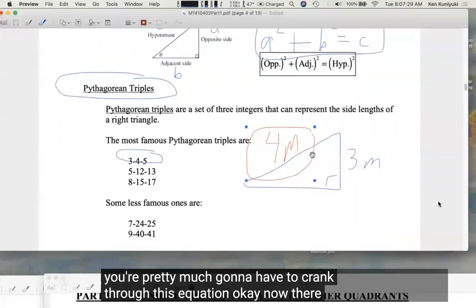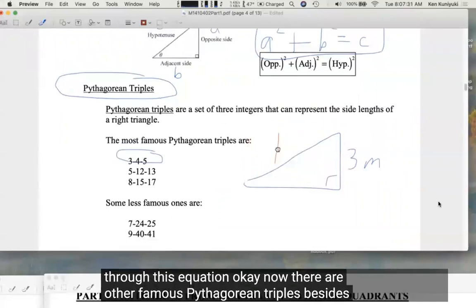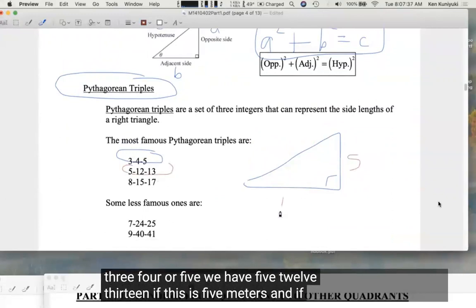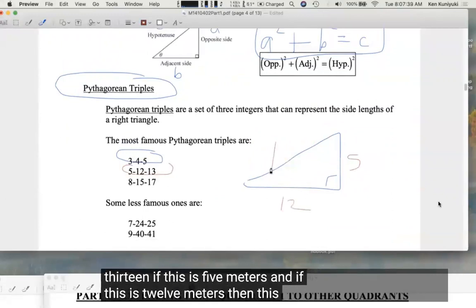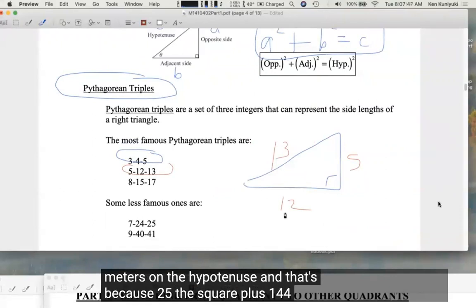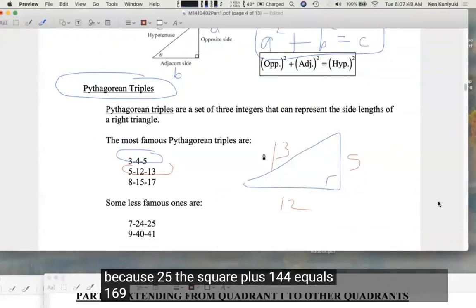Okay, now there are other famous Pythagorean triples besides 3, 4, 5. We have 5, 12, 13. If this is 5 meters, and if this is 12 meters, then this is 13 meters on the hypotenuse. And that's because 25, the square, plus 144 equals 169.